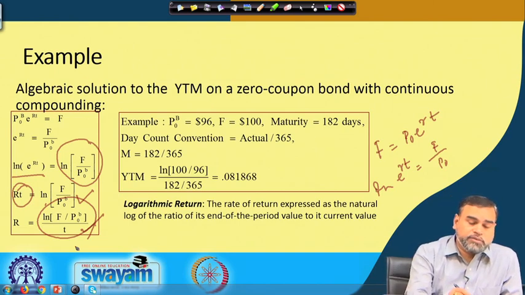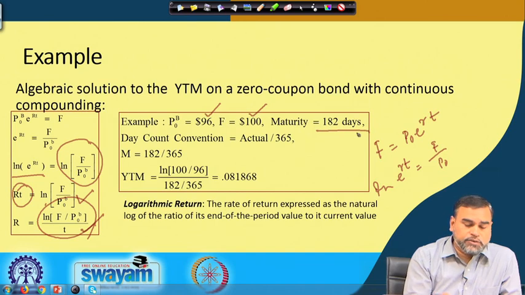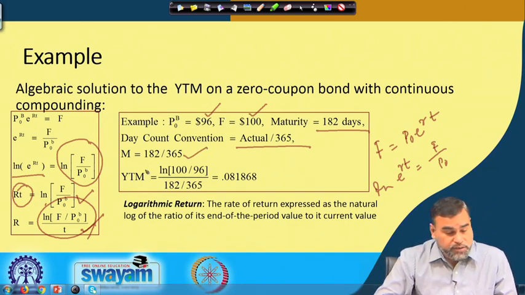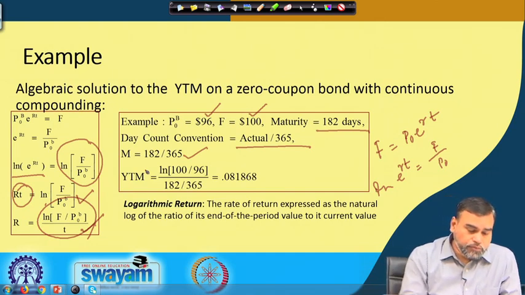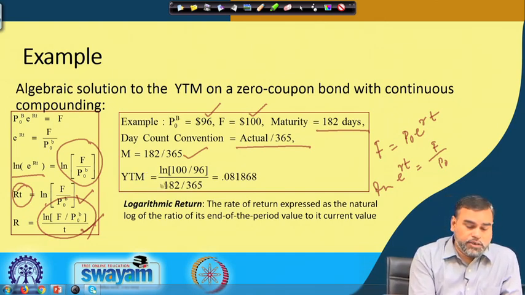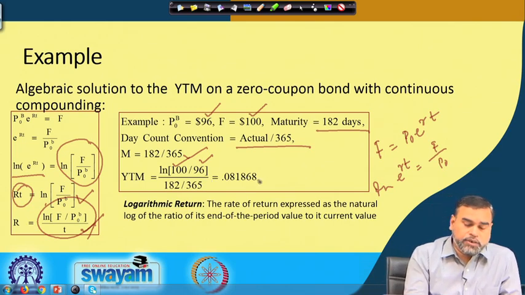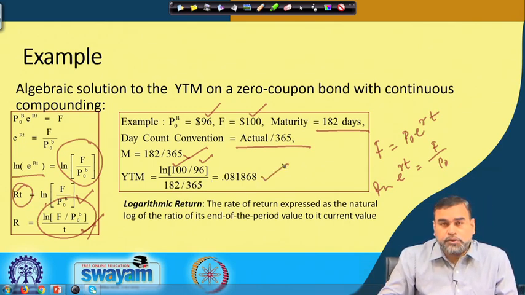The example: let the price be 96, F is 100, maturity 182 days, and the day count convention we have taken is actual by 365, that means 182 by 365. If you are assuming continuous compounding, then your YTM will be ln of 100 by 96, divided by 182 upon 365, and you get 8.18%.